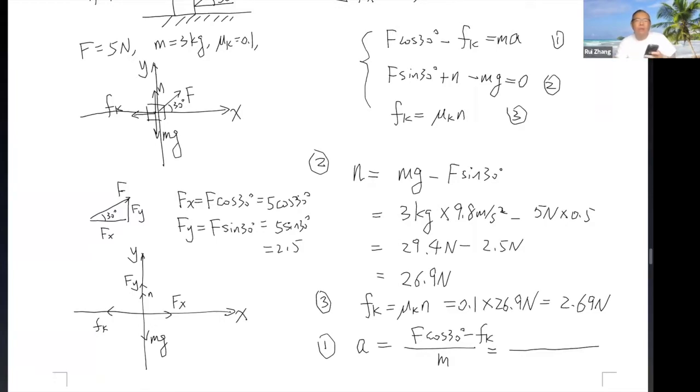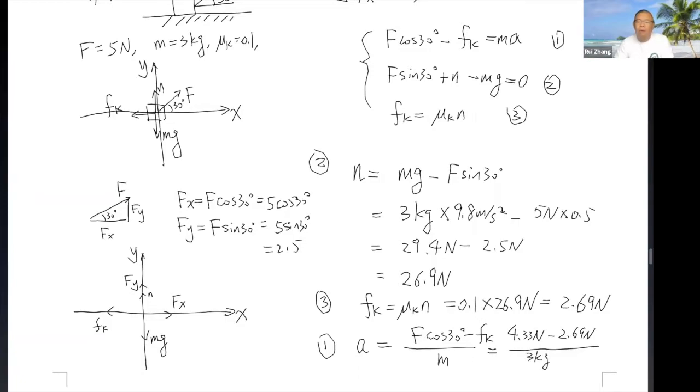So let me just calculate again. 5 times cosine 30 is 4.33, right? Some of you already got it. So 4.33 Newton minus 2.69 Newton divided by 3 kilogram.